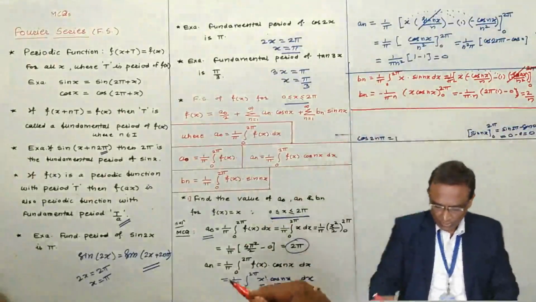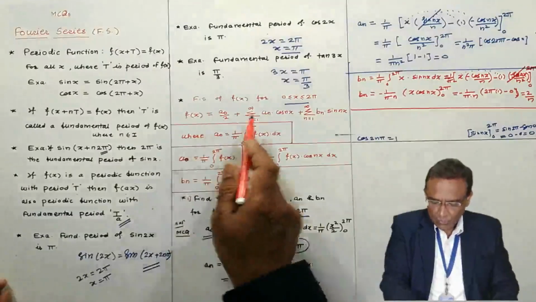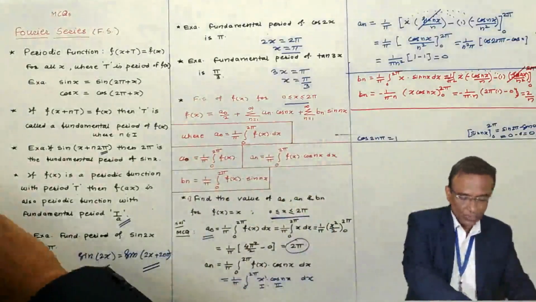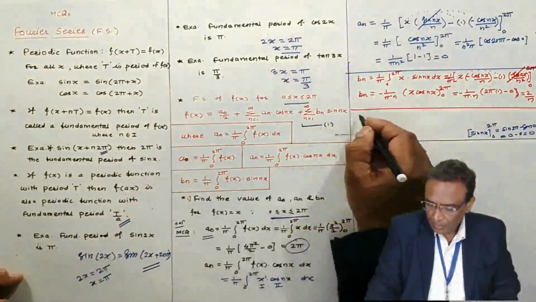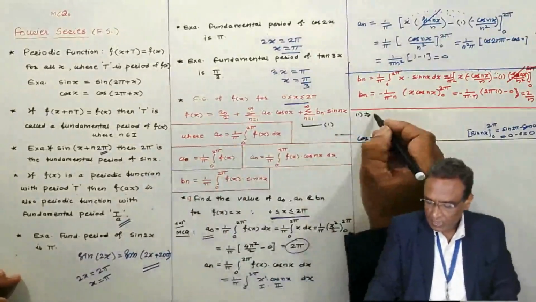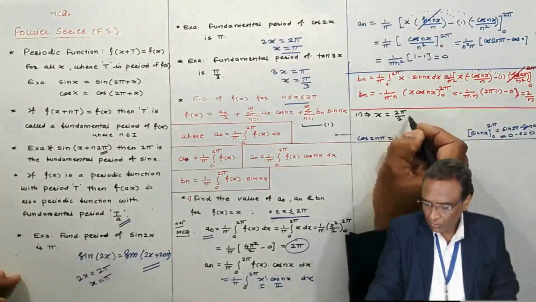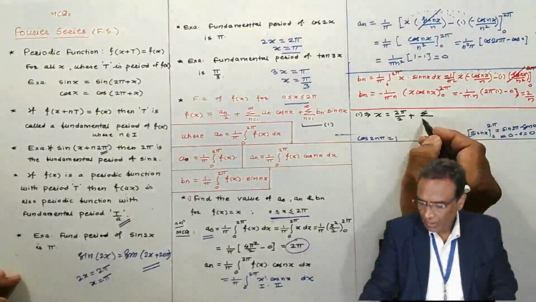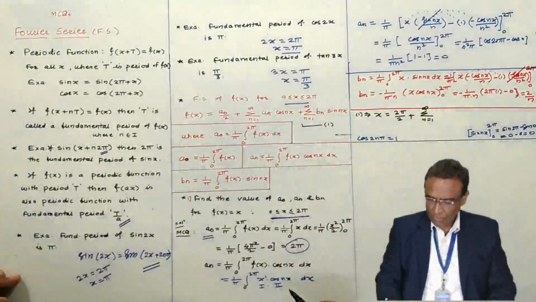Putting all those values, the value of a0, an, and bn, in the formula of the Fourier series, finally you will get the Fourier series. So f(x) is x, a0 by 2, a0 is 2 pi, summation n varies from 1 to infinity, an, what is the value of an?